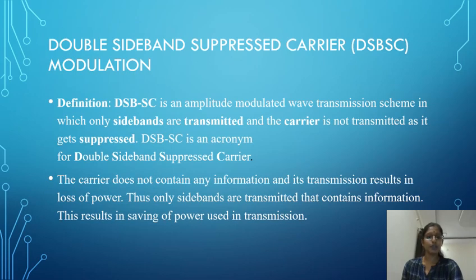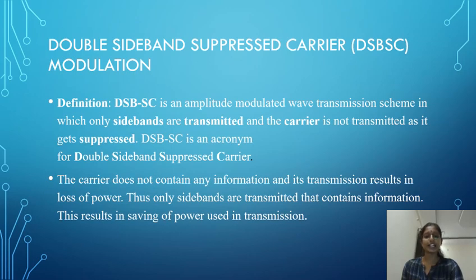DSBSC is an acronym for double sideband suppressed carrier. The carrier does not contain any information and its transmission results in loss of power. Thus, only sidebands that contain information are transmitted. This results in saving of power used in transmission.